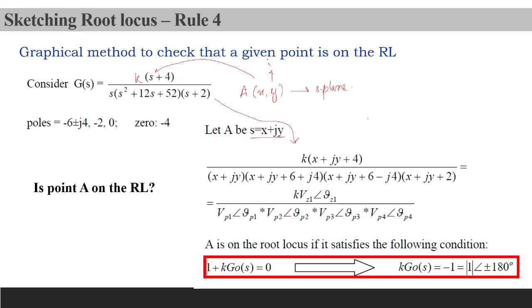Of course, we all know that this is your Cartesian coordinate representation, and if I want, I can convert it into the polar representation.